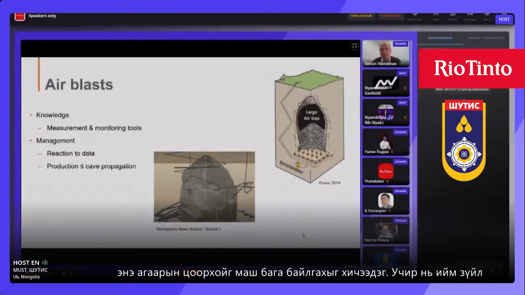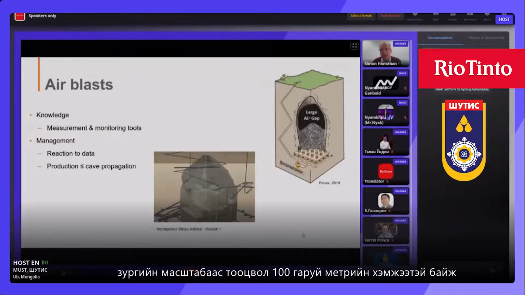So the way that we control that is we have monitoring tools, and I'll illustrate them shortly. We have a number of monitoring tools in and around the cave that gives us feedback on what's happening, particularly when we start the propagation for a cave, and help inform us about how quickly the cave is growing and how much rock we should pull out of that, so that we really use all that information to make sure that we don't put ourselves at risk of having a large air gap.